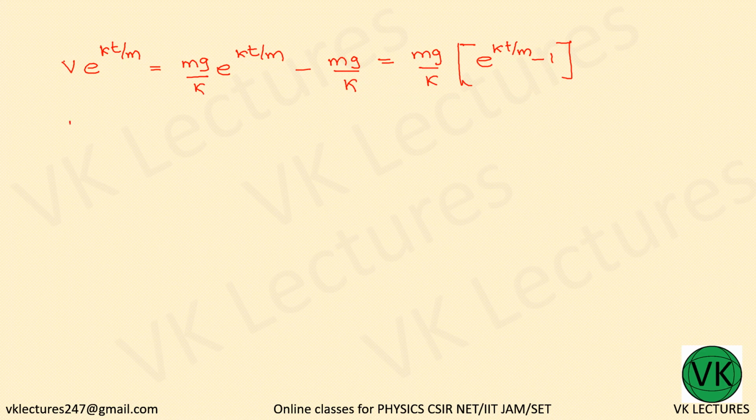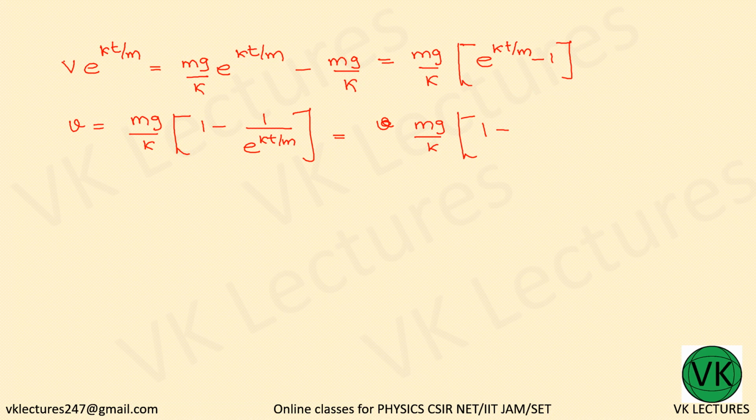Now dividing throughout by e to the power kt by m, v is equal to mg divided by k into 1 minus 1 divided by e to the power kt by m. This is equal to v is equal to mg by k into 1 minus e to the power minus kt divided by m.